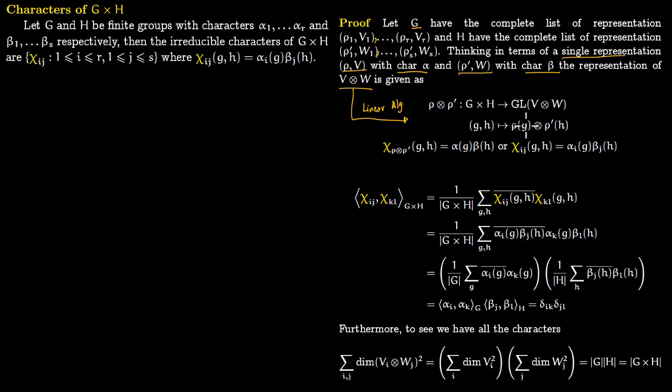We just said the character of this is alpha, which we put right here, and the character of this is beta, we put right here. So this is just for two things, v and w. Now, instead of v and w, you can talk about vi tensor with wj, because you have to talk about the entire list interacting with this list here.